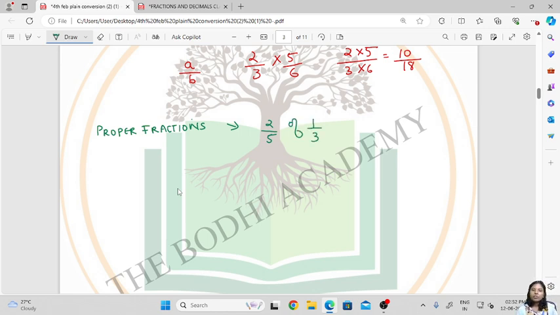Now these are proper fractions. The denominator is greater than the numerator. So now let's first solve this. 2 upon 5 into 1 by 3. So this will be equal to what? 2 upon 5 3s are 15.